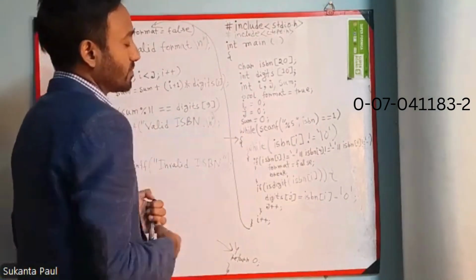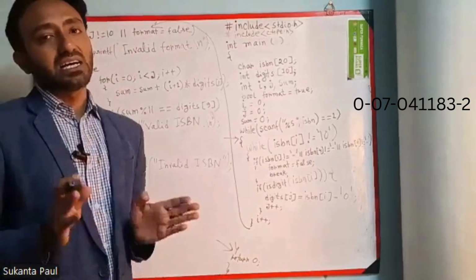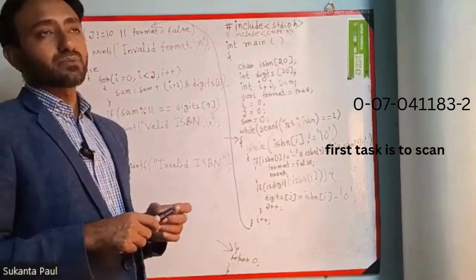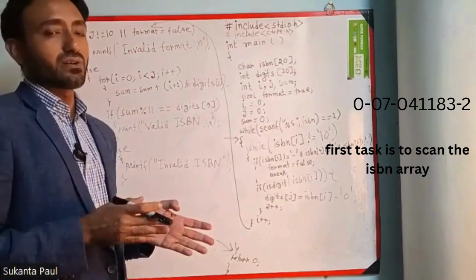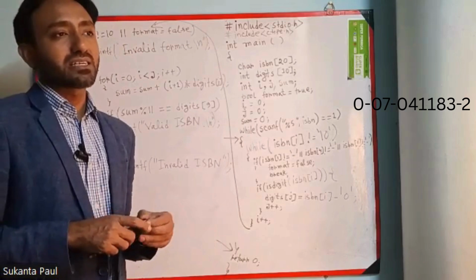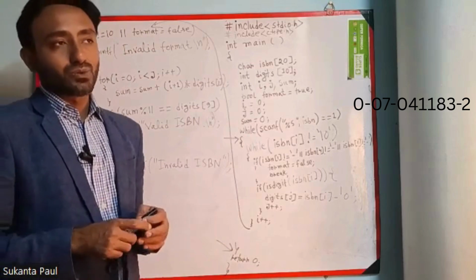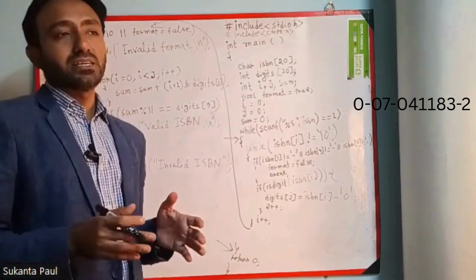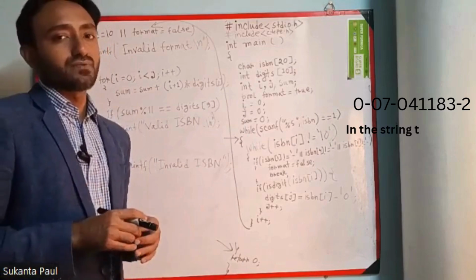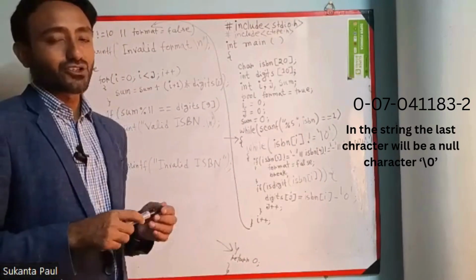So within this loop, our first task is to scan the ISBN array. The ISBN array starts from 0. But when can we say that this is the end of the ISBN array? In a string, the last position is a null value.